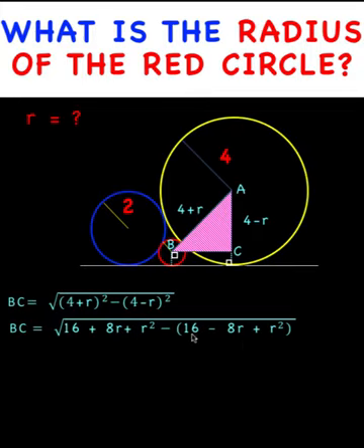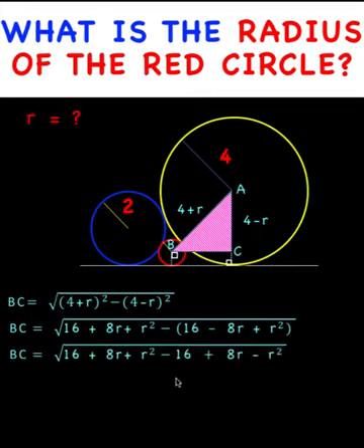Then we can remove this grouping symbol to arrive at this next line. From here, 16 minus 16 is 0, and r squared minus r squared equals 0. And so what's left is the length of segment BC equals the square root of 8r plus 8r, or the square root of 16r, simplified to BC equals 4 square root of r. Let's remember that value here.